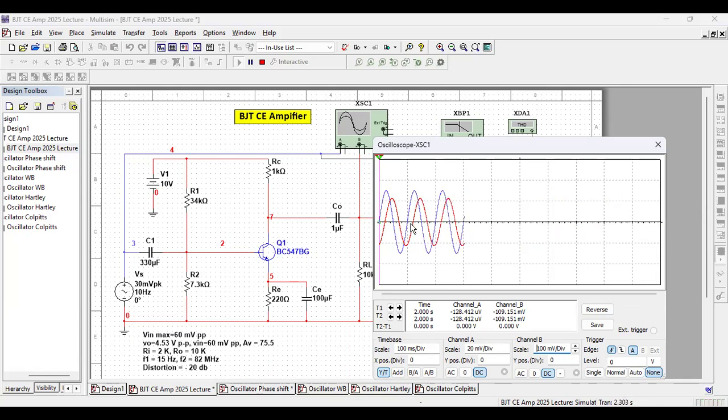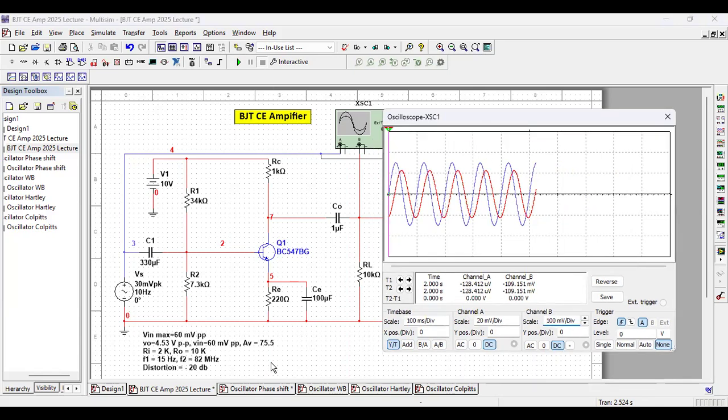It appears it is ahead of the input by around 90 degrees or less. In the flat portion, it was 180 degrees ahead. Now it is only 90 degrees ahead. Okay, now let us make another trial.